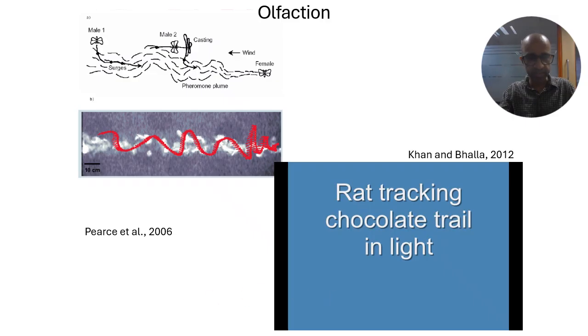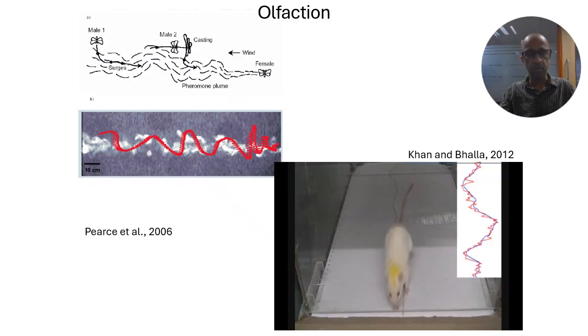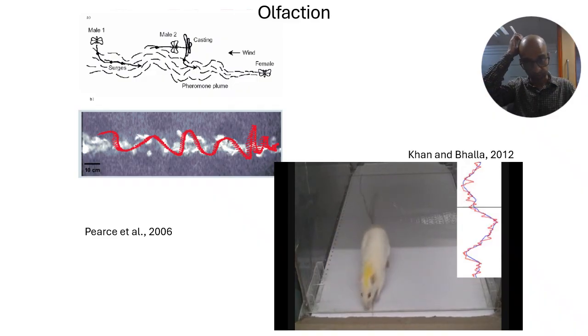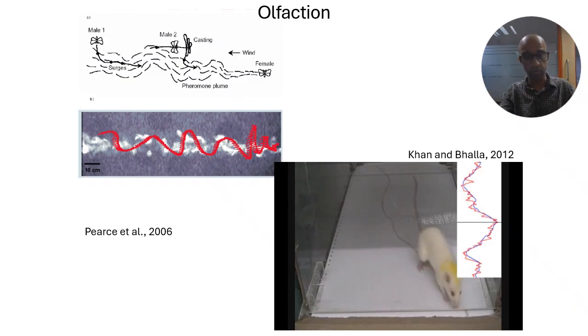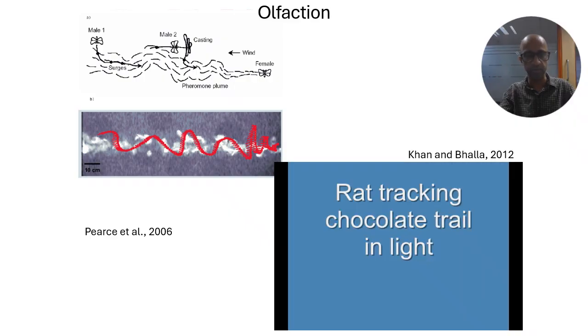Here is an example of a rat that is tracking chocolate. There is a line being drawn over here just for us to see visually what olfactory stimulus the rat is tracking, but in reality, when the experiment is done, there is only the odor trace that is marked, chocolate smell that is marked on this paper, and the dot matrix printer just keeps moving that paper, and the rat keeps navigating back and forth to track.